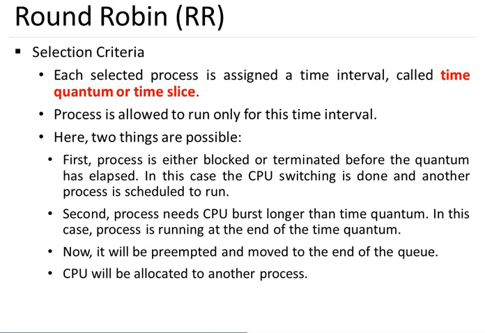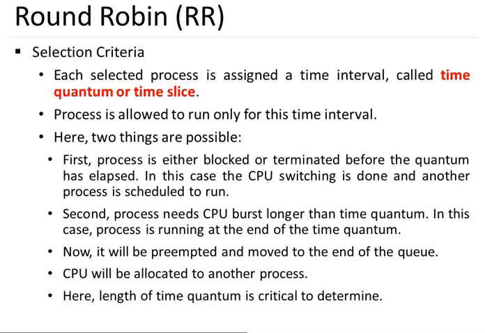So the CPU will be allocated to another process, and here the length of the time quantum is critical to determine. You have to be very careful whenever you are deciding your time quantum. Why? Because if you take a short time quantum, let's say 1 unit, then process switching will be more.